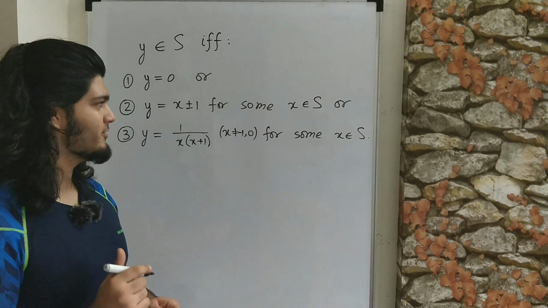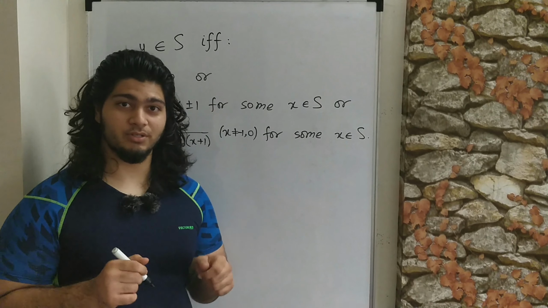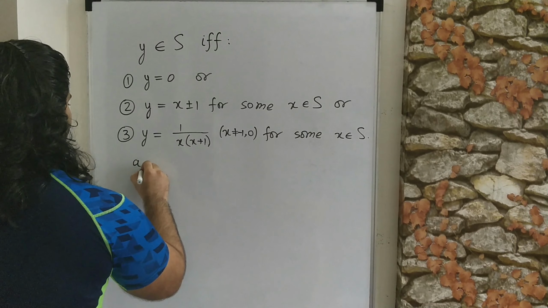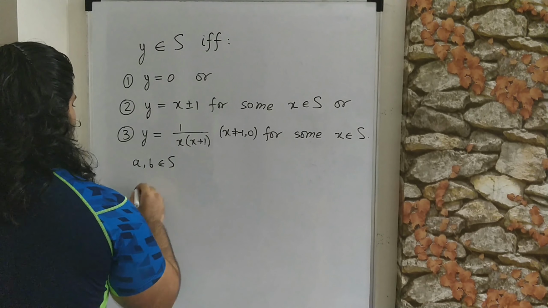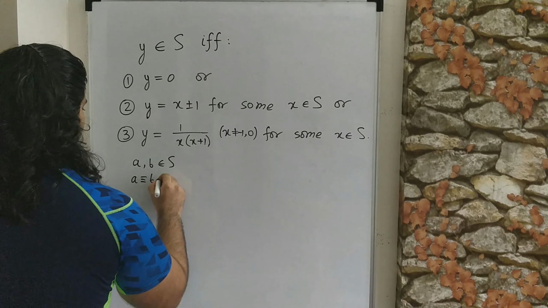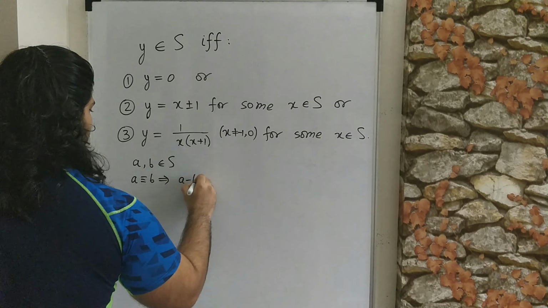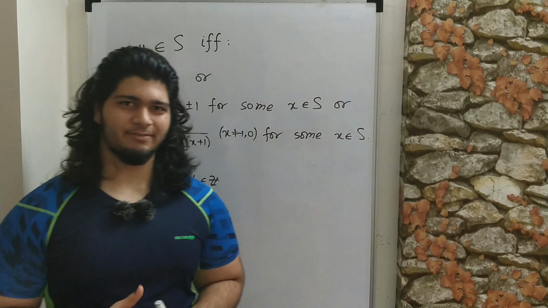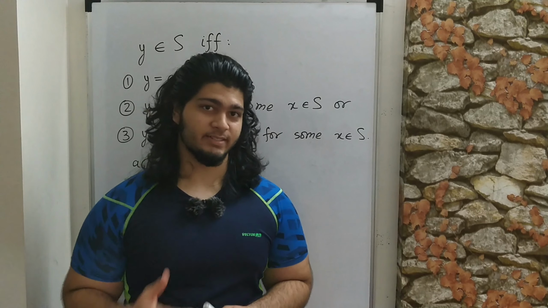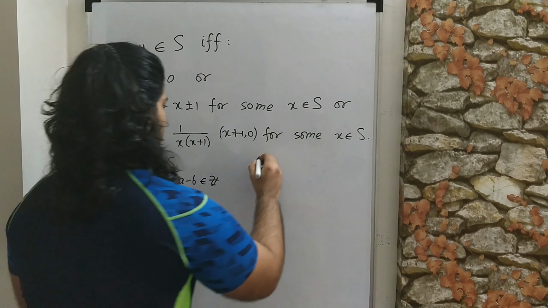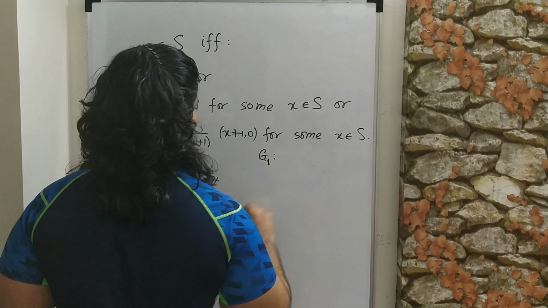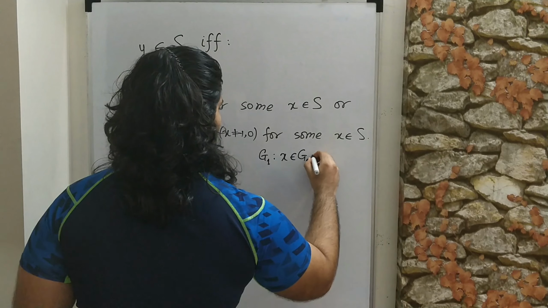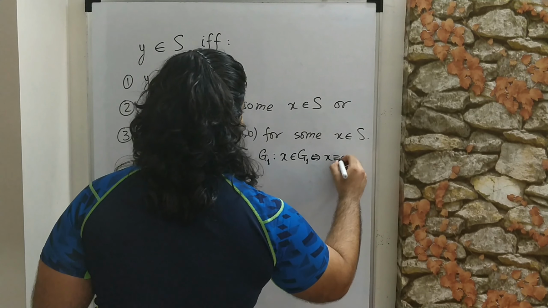So now what we'll do is define a certain congruency relation on the elements of S. If you have two elements of S, A and B, then A is congruent to B if A minus B is an integer. Now we'll define generations of elements of S as follows. Generation 1, G1, is defined as: X is in G1 if and only if X is congruent to 0.